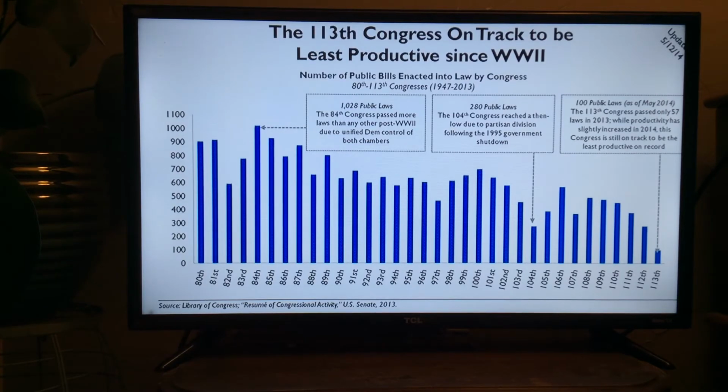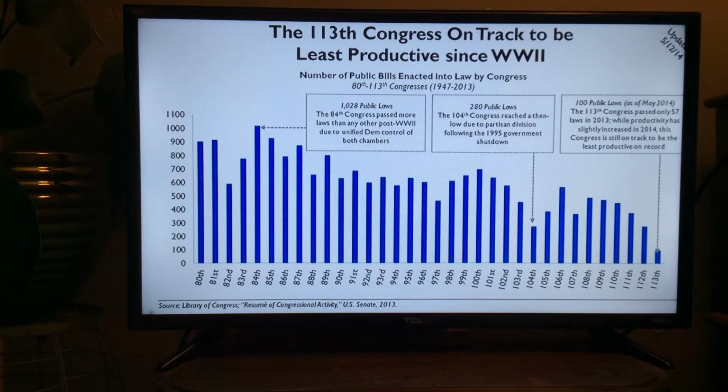One of the things that we can actually track is how many laws Congress has passed. And you remember I said last week that the number of laws passed by Congress is tiny compared to the number of bills introduced. But the number of laws passed compared to other Congresses has actually gone down.